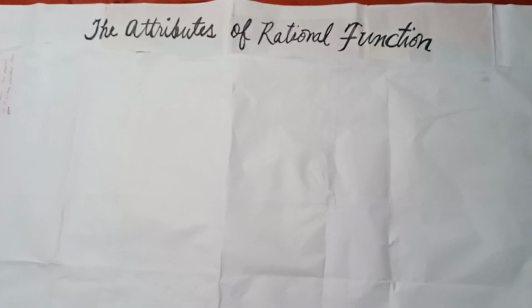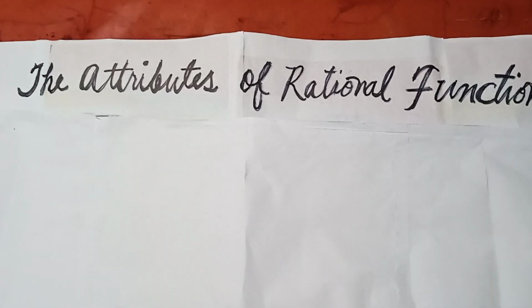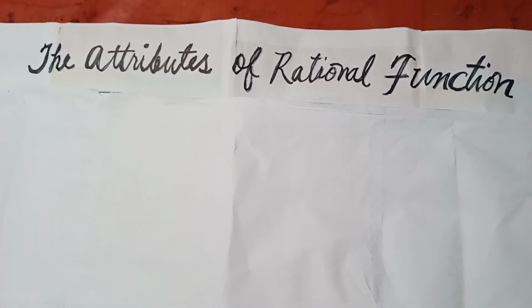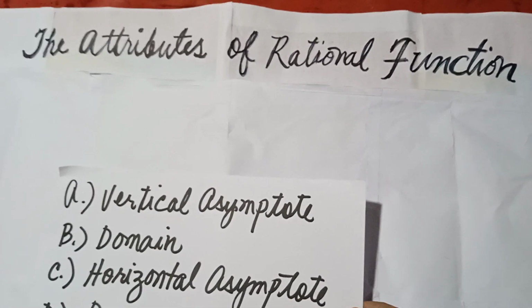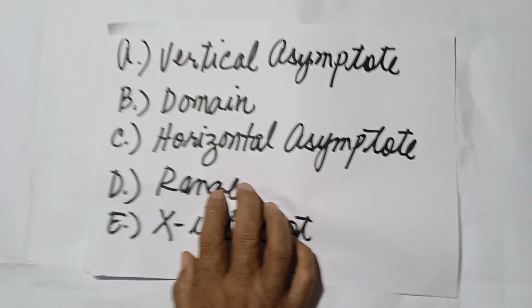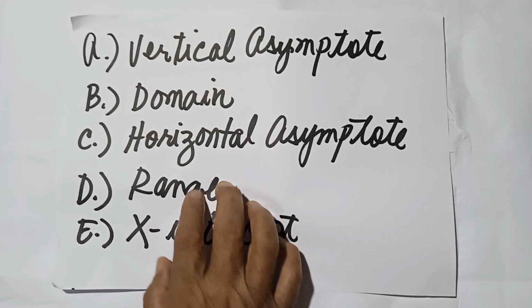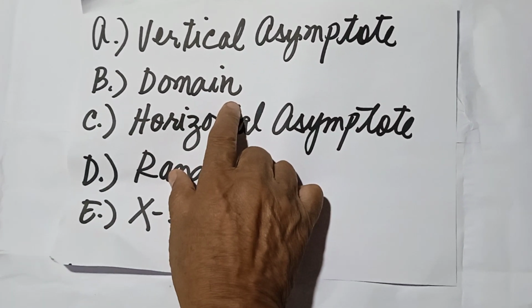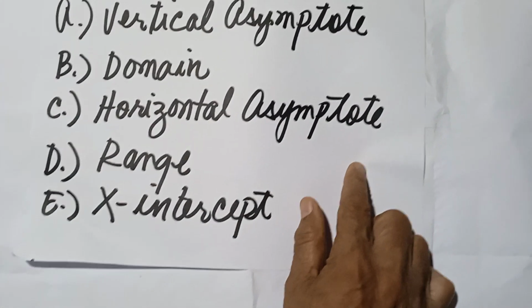The content of my presentation today is the attributes of rational function. There are many attributes of rational function. Letter A, the vertical asymptote. Letter B, the domain. Letter C, the horizontal asymptote.